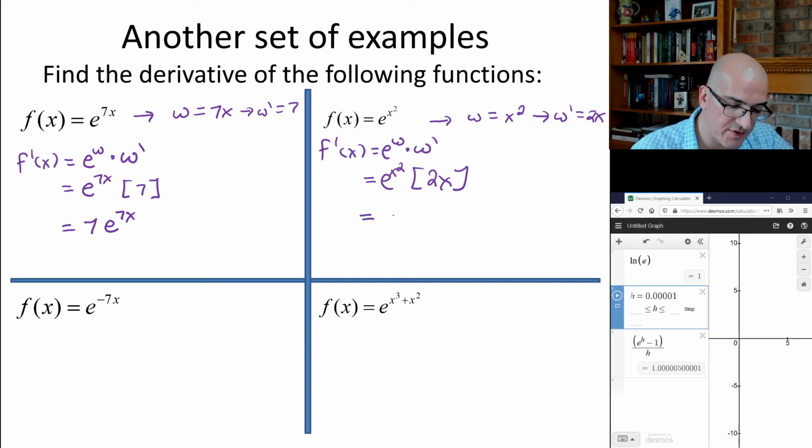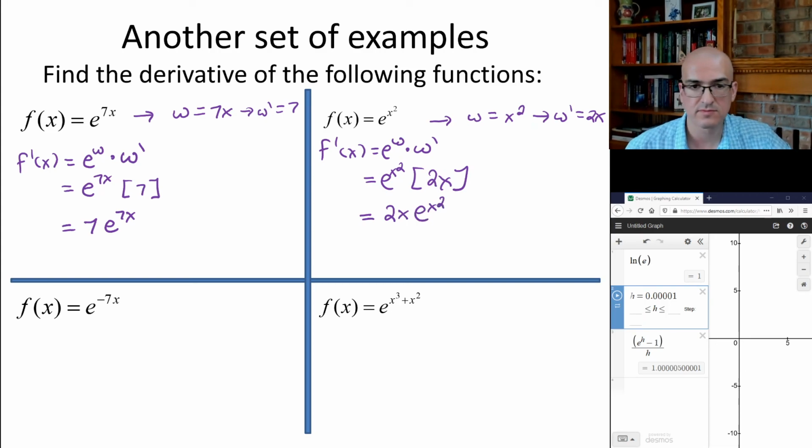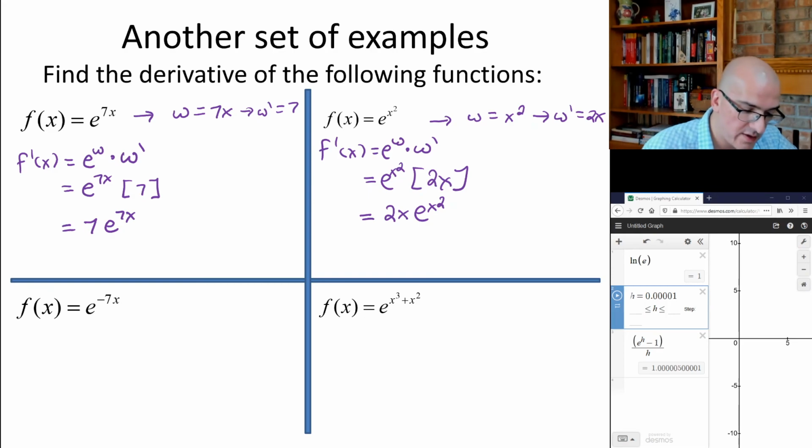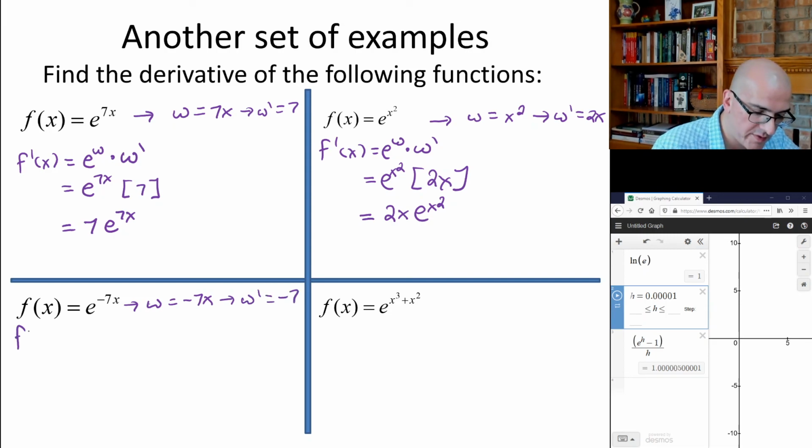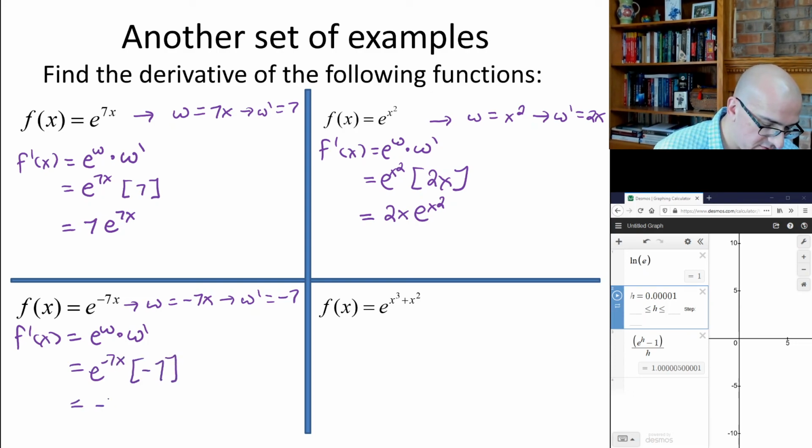And then, as is tradition, I'll put the constant in front, the x to the power after that, and the e to the x squared at the end. Okay, next one, bottom left. Here, w is negative 7x, so w prime will be negative 7. We take the derivative of the function f, we'll have e to the w times w prime, so e to the negative 7x multiplied by negative 7, and I'll put the constant out front, negative 7e to the negative 7x.